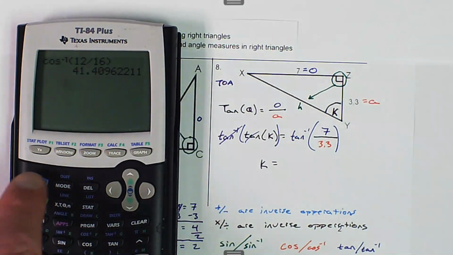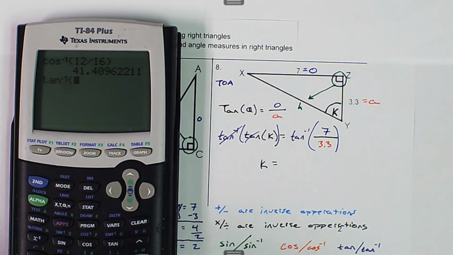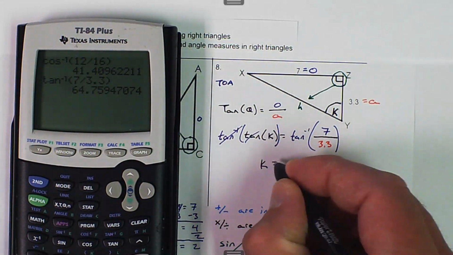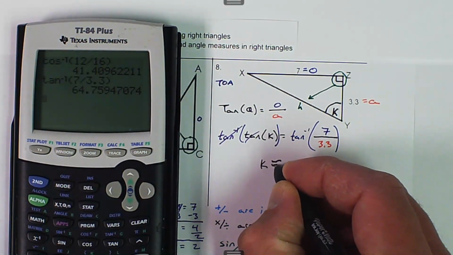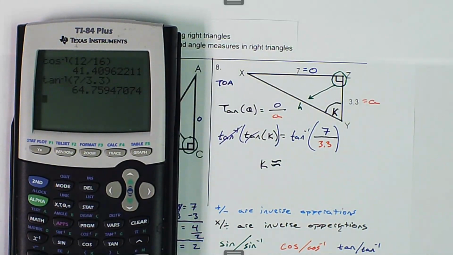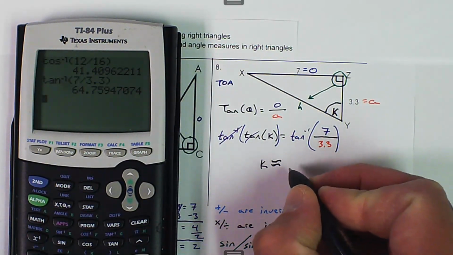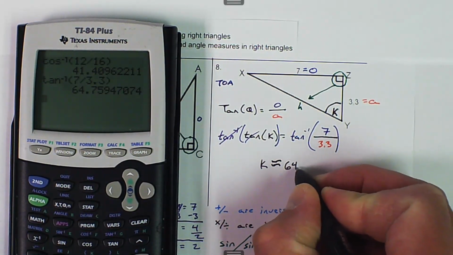We're talking about the inverse tangent, so we're going to hit second tangent. Then we get 7 divided by 3.3, in parentheses, and we get our answer, and that should be approximately, not equal to, but approximately, so we make that a wavy equal sign, 64.8 degrees.